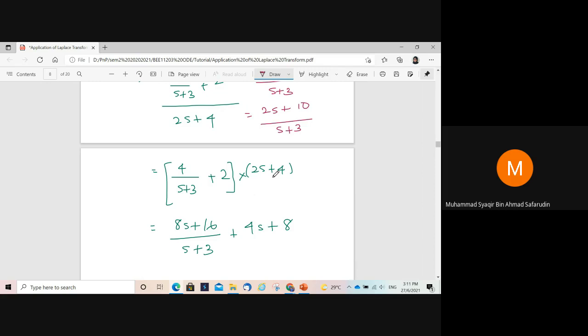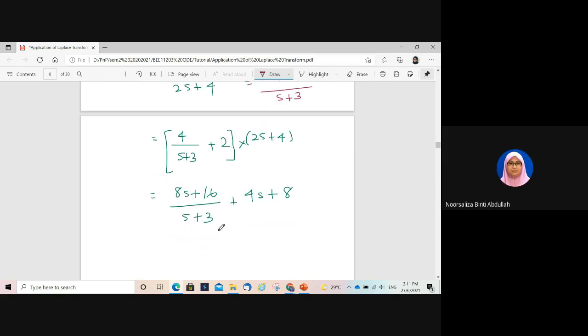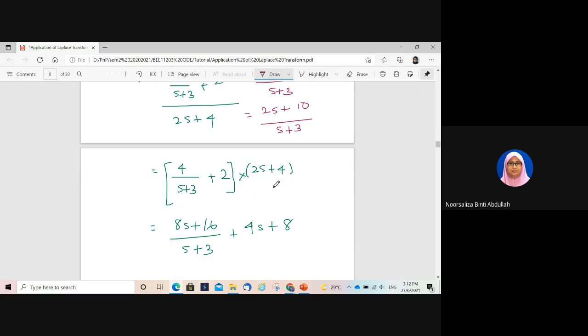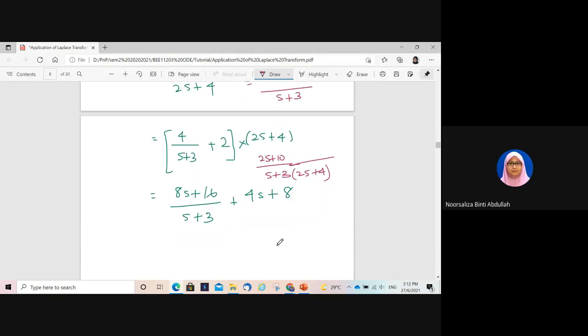Bahagi. So 2S plus 10, bahagi 2S plus 4.